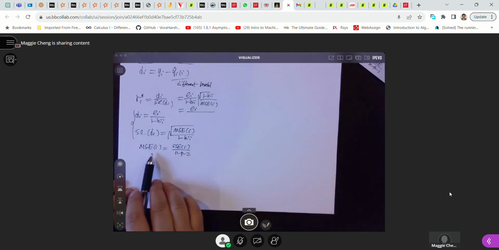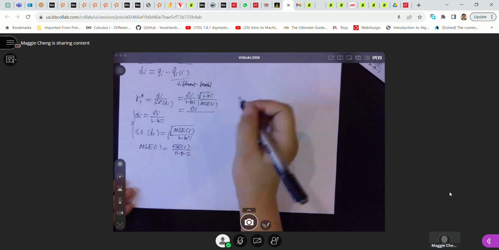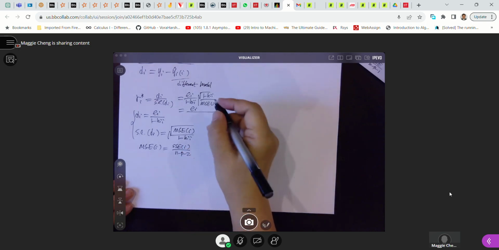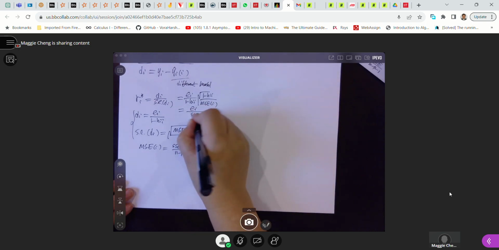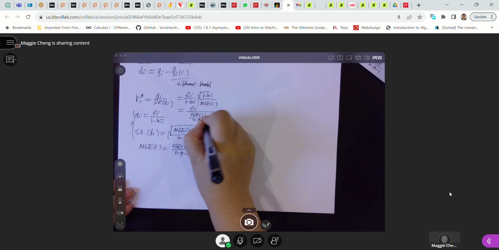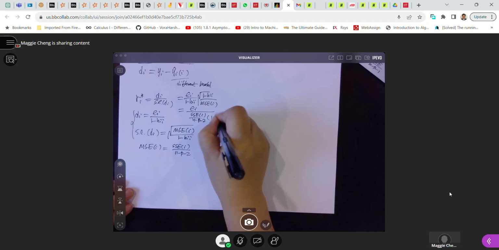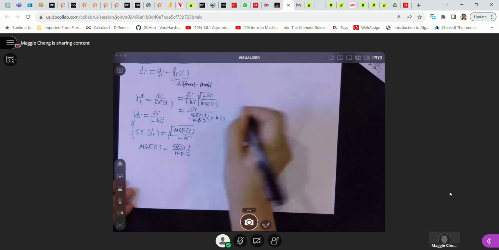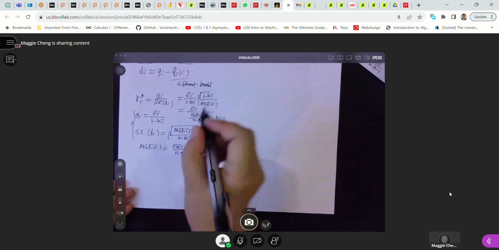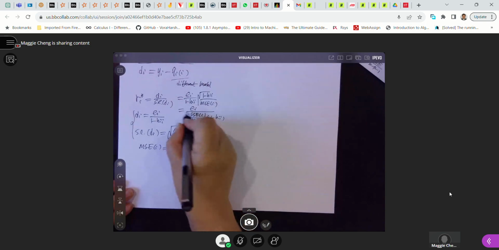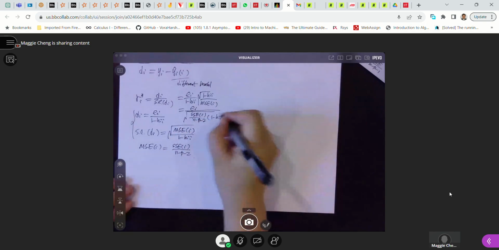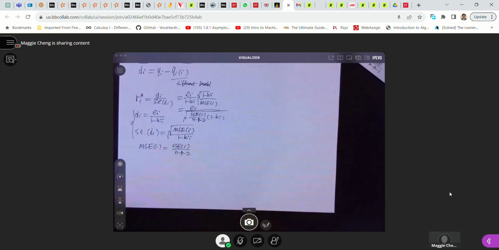So plug in what MSE subscript (i) is in here. So you have e_i over the square root of SSE subscript (i) over n minus p minus 2, times 1 minus h_ii. Okay, you have to put everything under the square root. That's all.